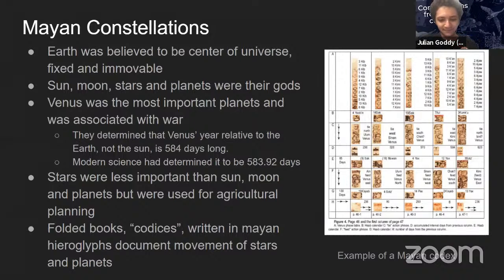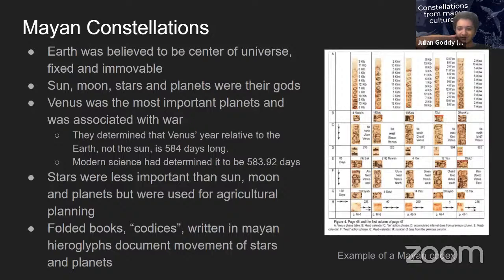And this picture I have is an example of that, where someone has put in the paper and annotated different hieroglyphs there, which stars they mean, and then some numbers to refer to how long things are for different time scales.